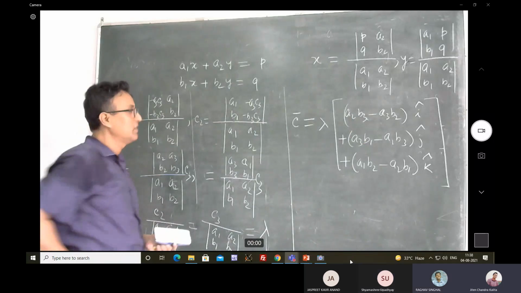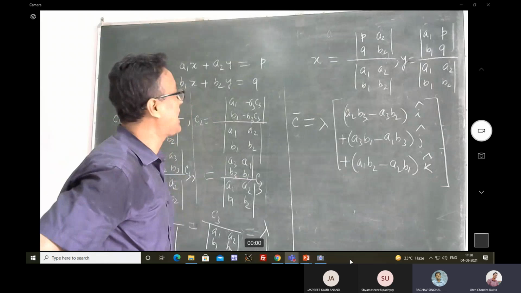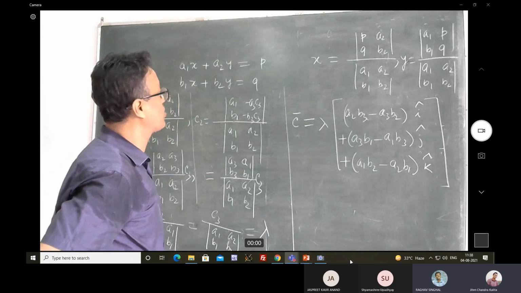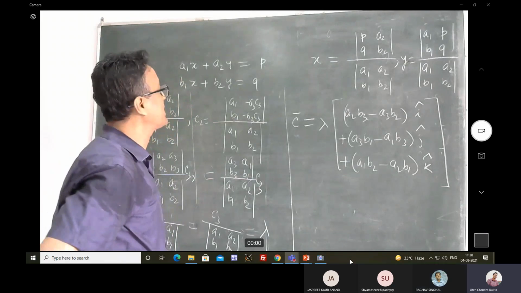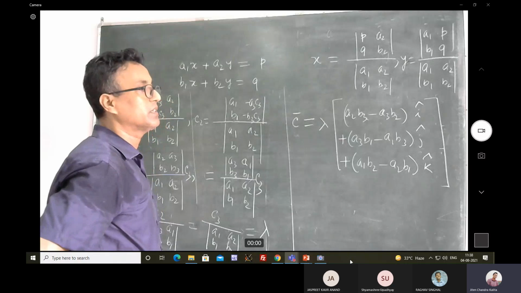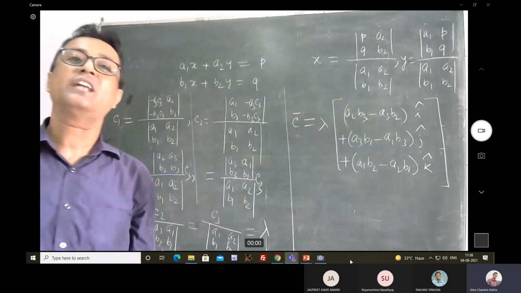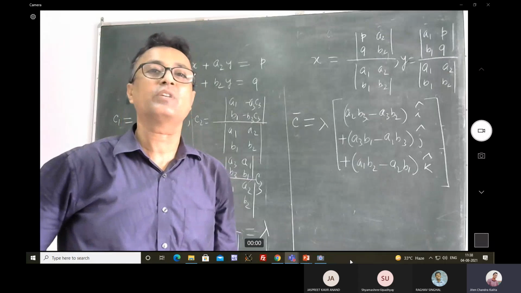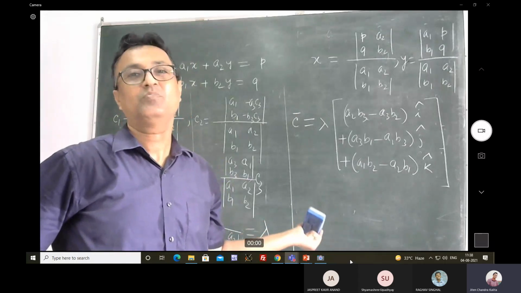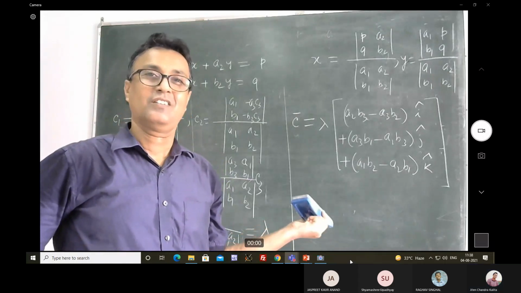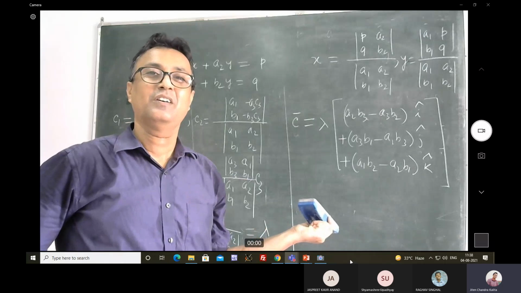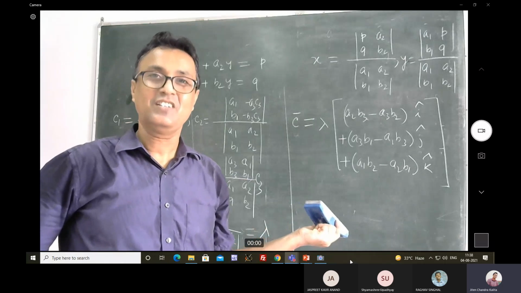Of course, lambda is a real number, and I am taking lambda to be non-zero, because if lambda is equal to 0, you end up with the 0 vector, and then the orthogonality of that 0 vector with A and B, you cannot think about, isn't it?